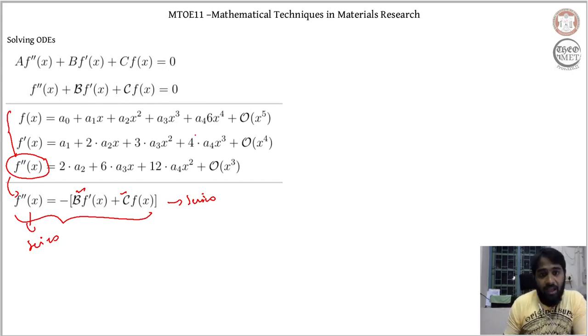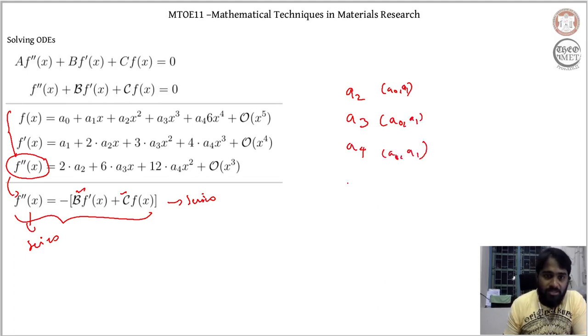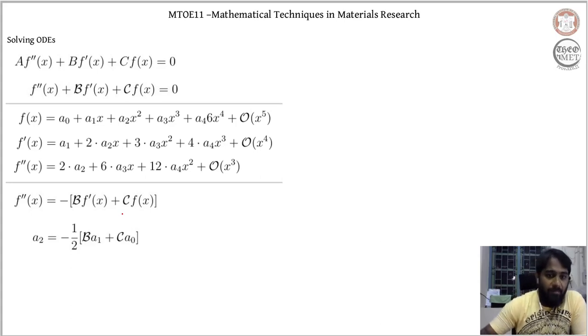That means I will be able to express my a2, a3, a4 in terms of my a0 and a1. This is something I could expect, because the coefficients are to be equal. So when I equate my coefficients together, I can write my a2 as b a1, multiplied with the coefficients.